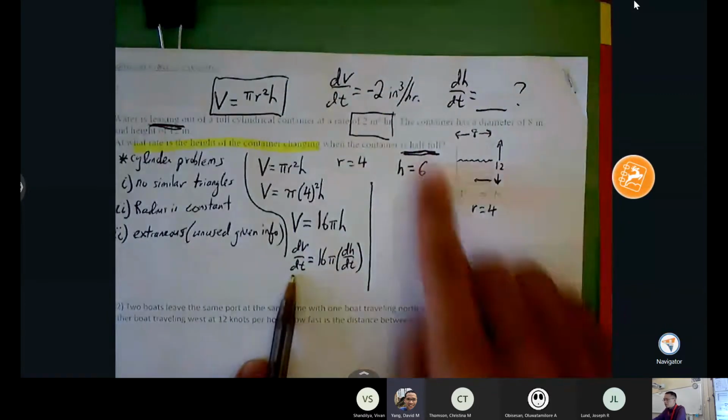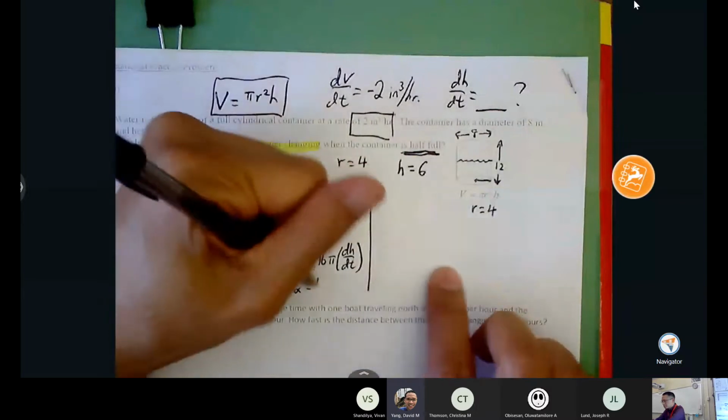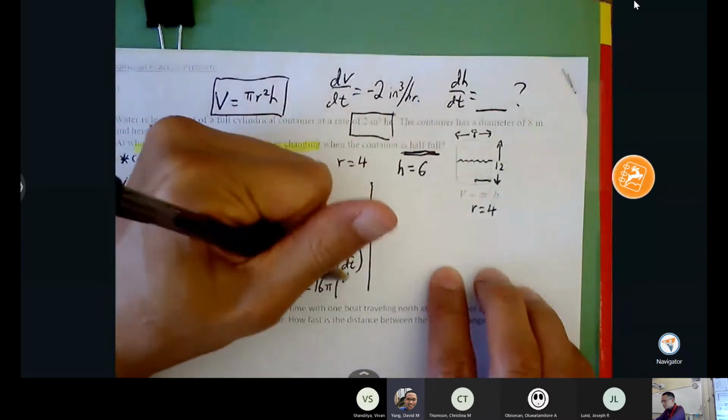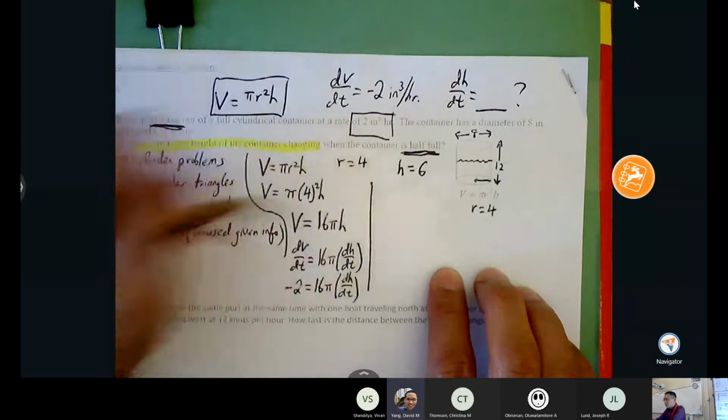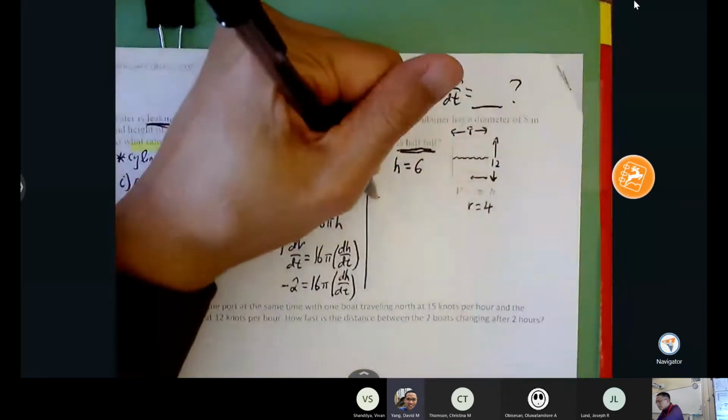So I replace dV/dt with -2. Divide both sides by 16 pi.